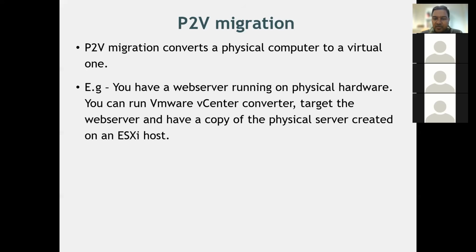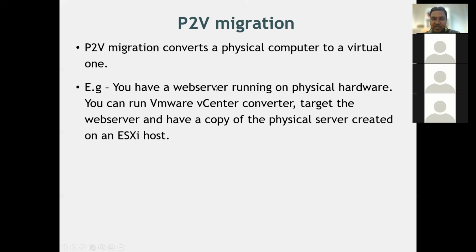Let's go to the fourth migration technique, which is P2V migration, meaning physical computer to virtual one. You had seen the case study where a branch office wants to migrate to the cloud while the main office is in the cloud. At that time this P2V migration can be used, where everything from a physical computer is migrated to a virtual one.